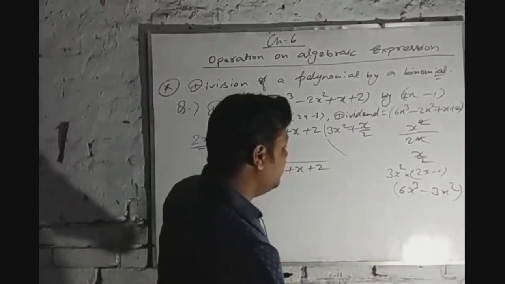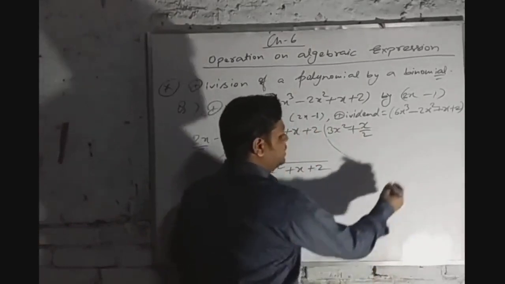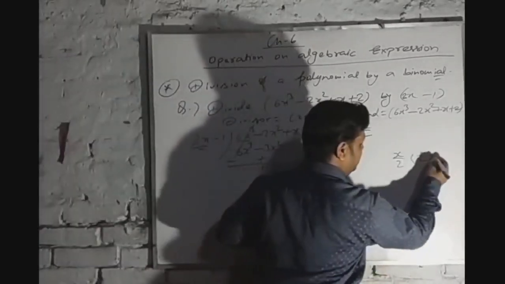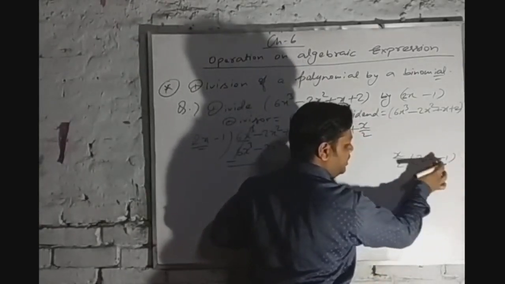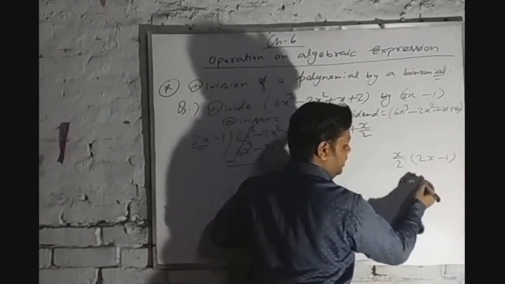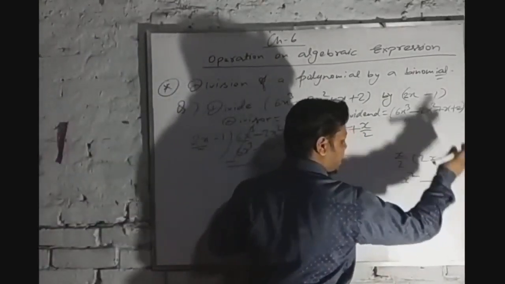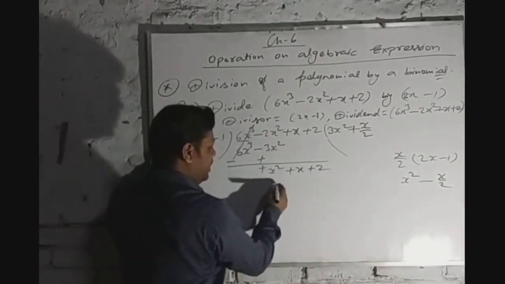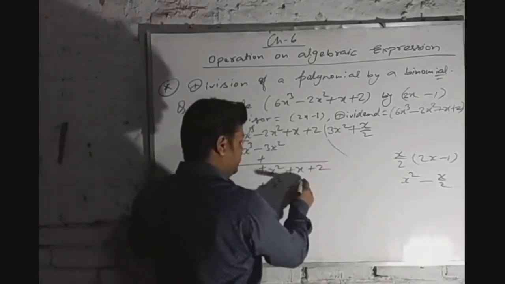Multiplying x by 2 with 2x minus 1, the 2 cancels out, giving x square, and then minus x by 2 into 1, that is minus x by 2.